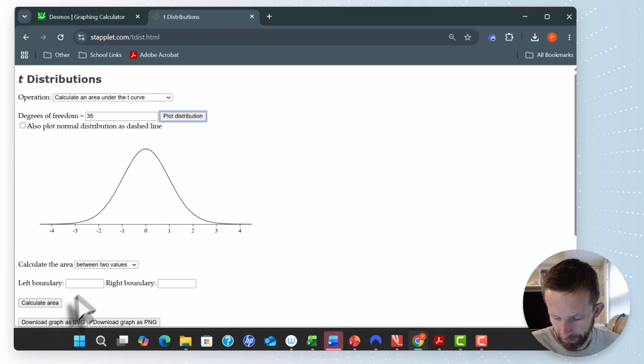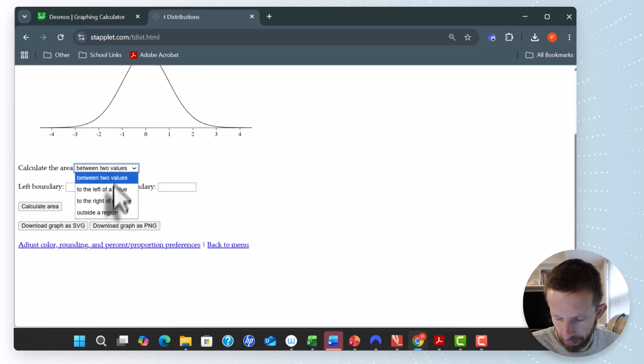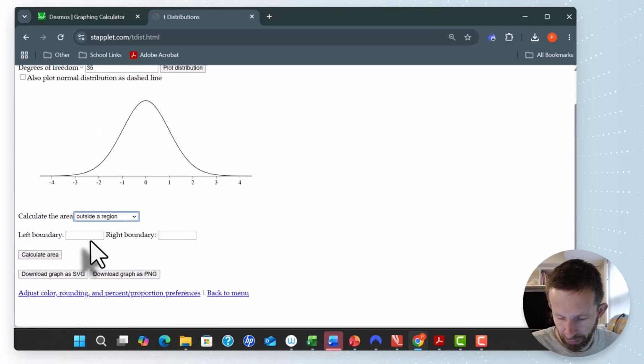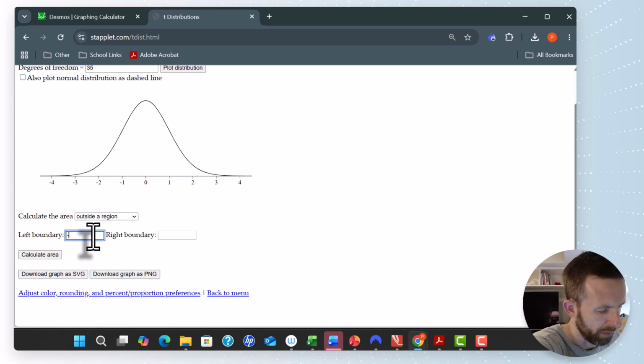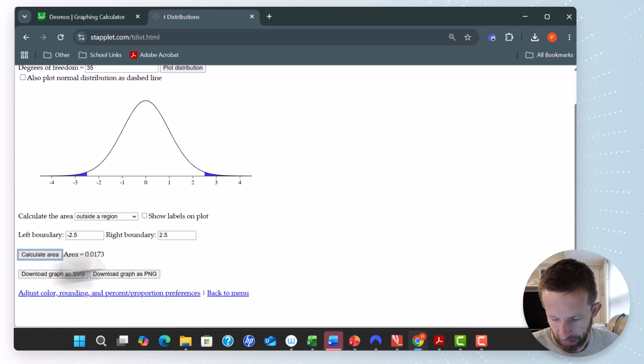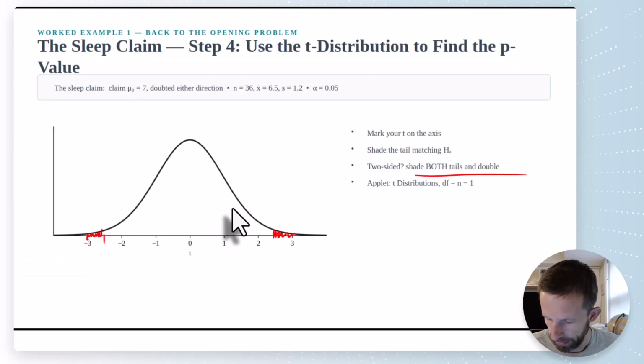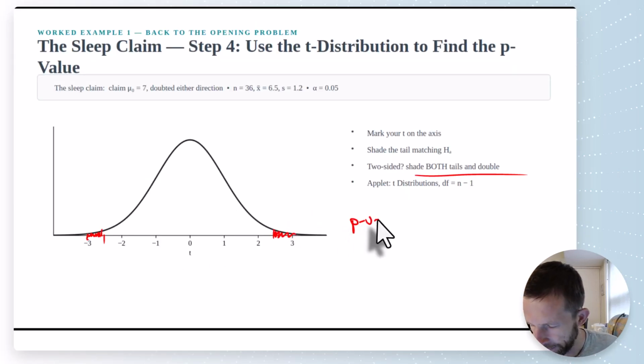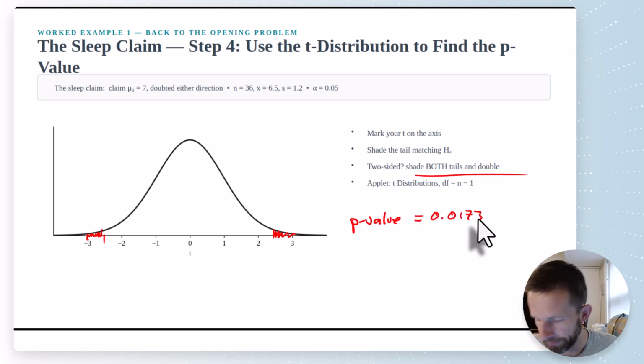I'm going to plot it. I want to go outside of a region, so I want to go to the left of negative 2.5, then to the right of 2.5. And my area is 0.0173. So my total area, my p-value, is 0.0173.